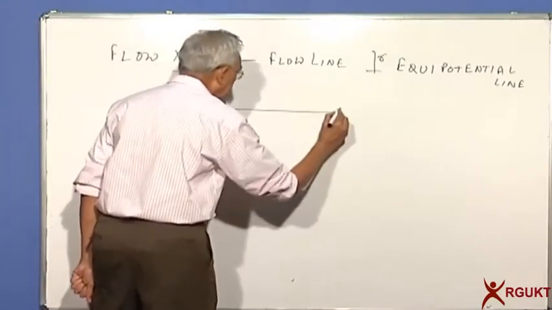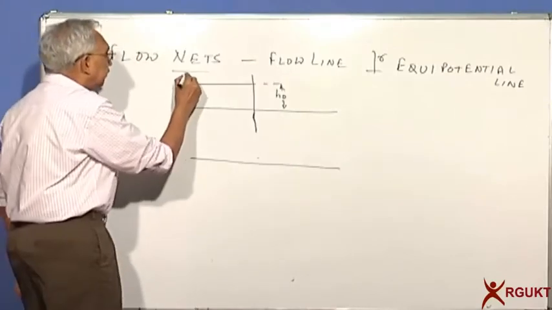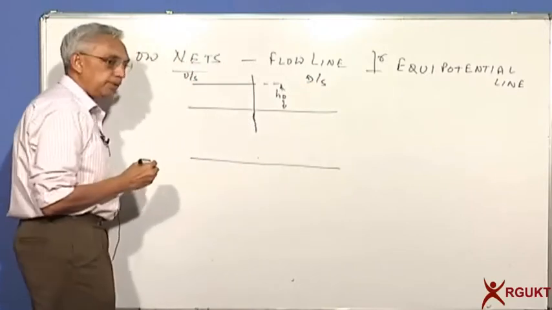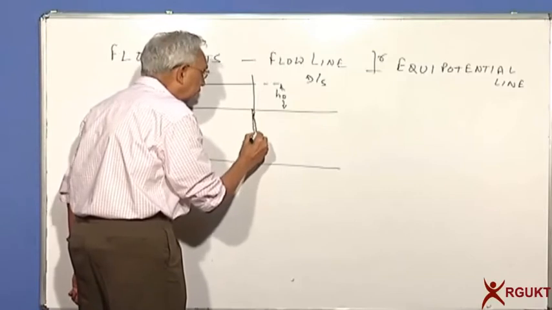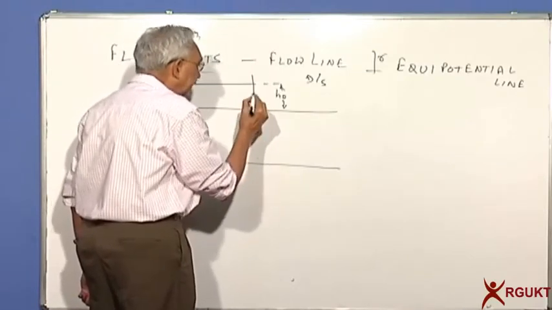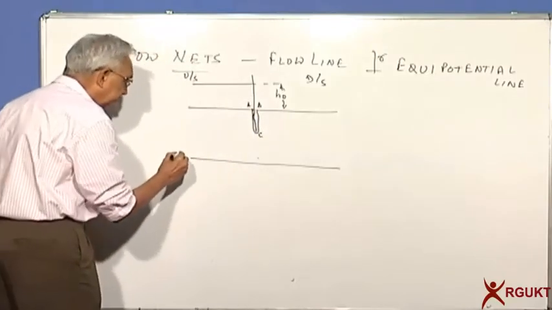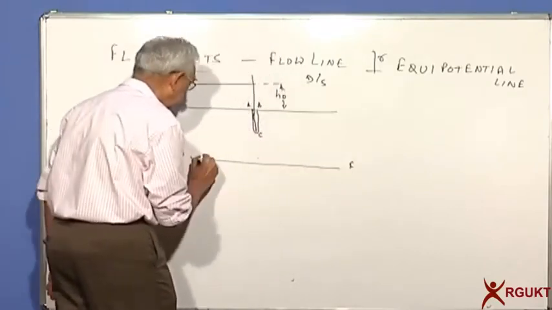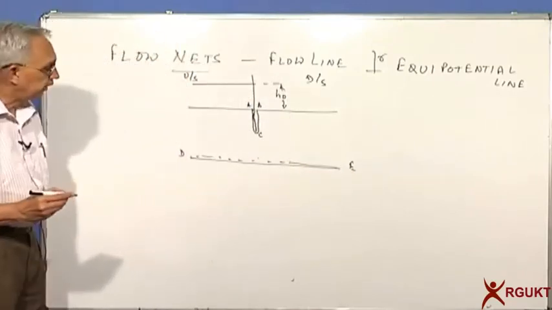Let's look at our simple problem. So this is the upstream side and this is the downstream side. You have just now seen that the shortest flow line is this one, or flow path, if you want to call it, A to B, maybe through point C. And the longest one is from D to E, along the bottom of the pervious layer.